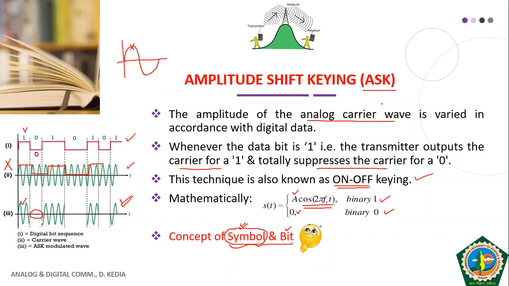If you remember, we did the quantization process, and we also looked into the details of quantization. There we represented each sampled value or each quantization value by a group of bits.